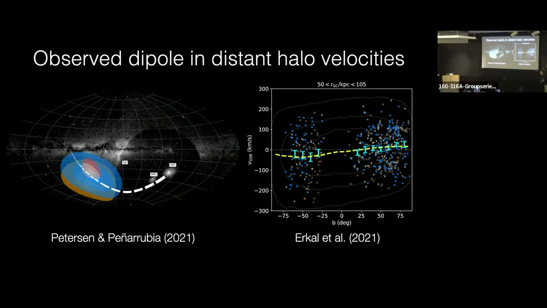And the Petersen and Peñarrubia sample does the same idea, but they fit for the location of the dipole on the sky as well, and they also incorporate proper motions in their analysis. But basically, two independent groups find more or less the same 30 to 40 kilometer per second dipole signal.